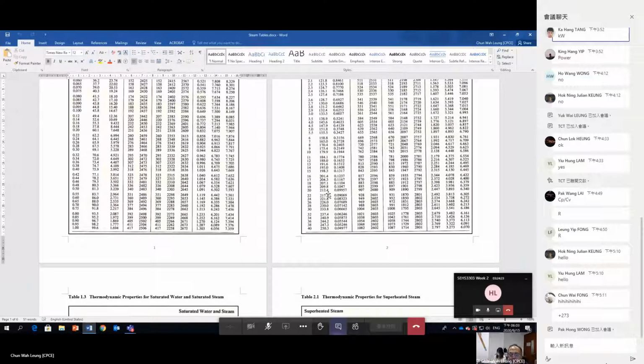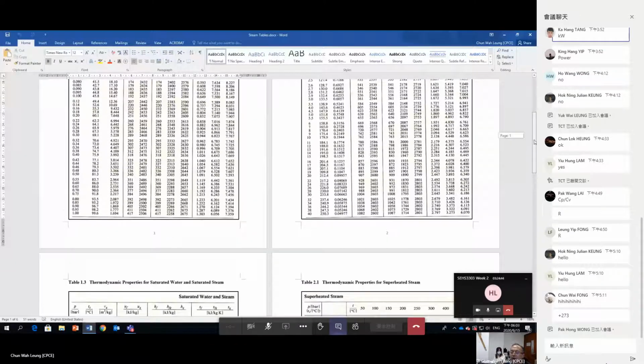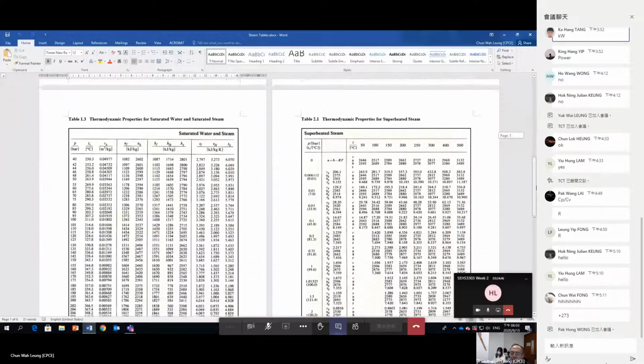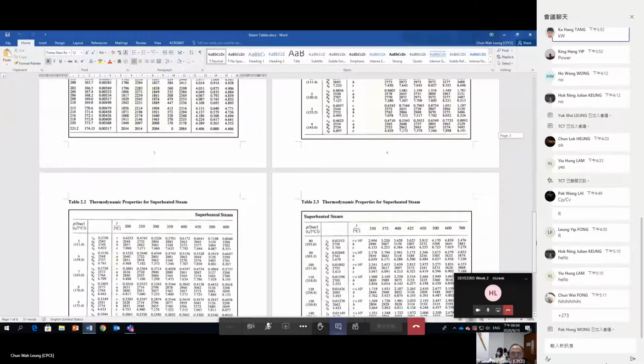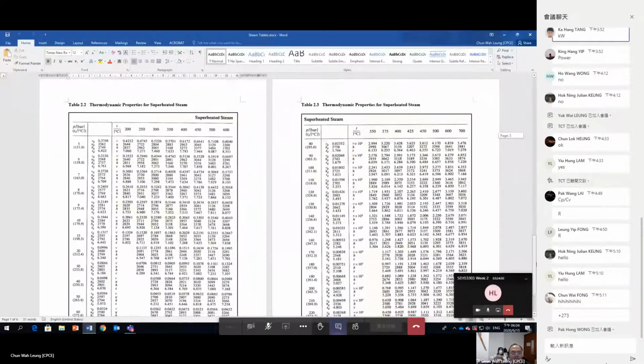That means it can be something between the saturated water all the way to dry steam, because between these 2 points, the temperature is always equal to 212.4. Okay? So this time, high. So therefore, we know that we have a superheated steam. So go to superheated steam table.